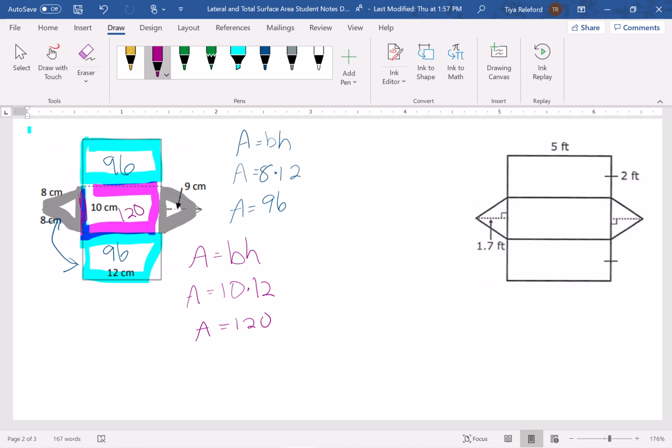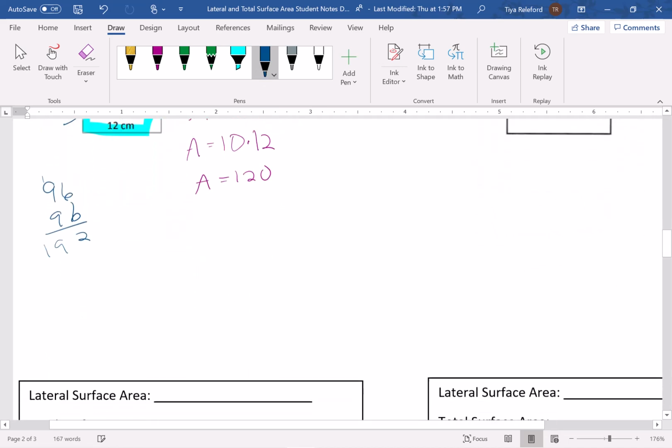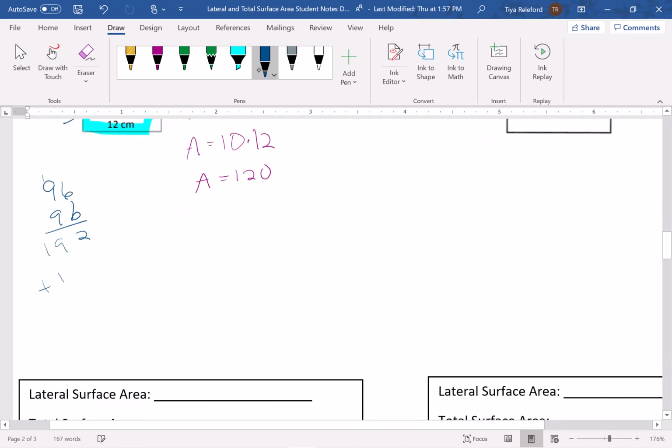So for lateral surface area, you're going to add 96 plus 96 plus 120.